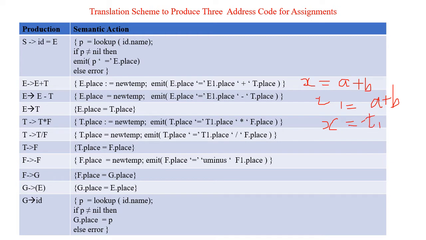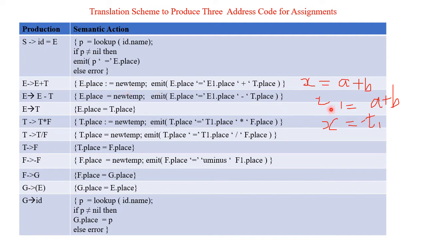So when E gives E plus T happens, we have to create a new temporary variable T1 that is created by newtemp. Newtemp is a function which creates a new temporary variable. E.place: place is an attribute of variable E which holds the current value. So E.place equal to newtemp.